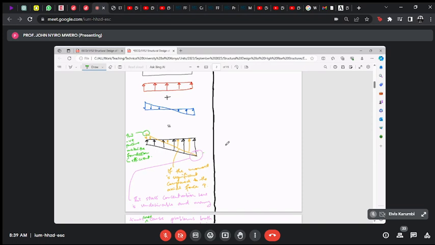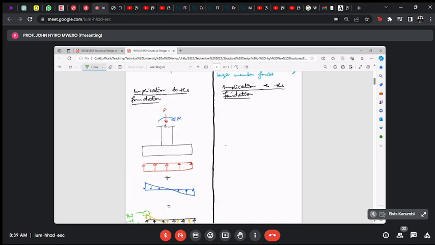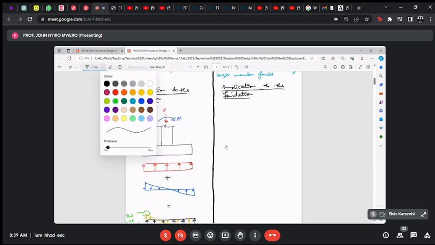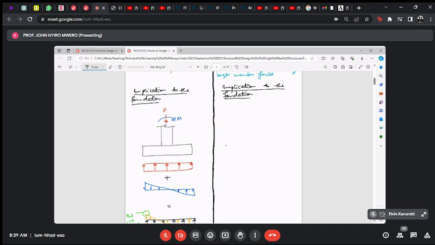This other foundation, come back to it. You've got a foundation that is same, or rather similar, and it's carrying a column there.